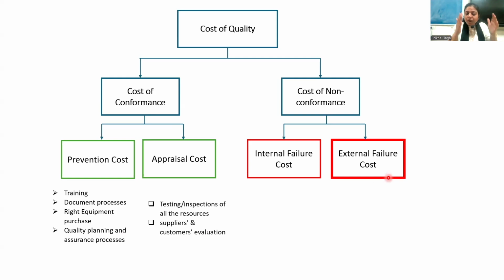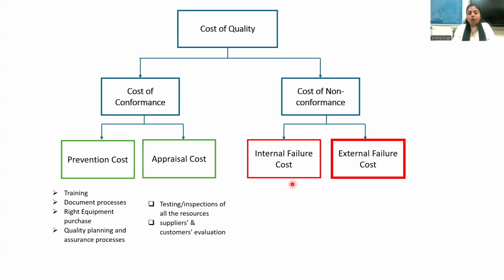Even if you have invested in the cost of conformance or cost of good quality, in prevention cost, appraisal cost, everything, it doesn't guarantee that there will be no defect in the final manufactured product. Components may fail during quality control checks, quality inspections, or final inspections, and the product may be found to have a defect.